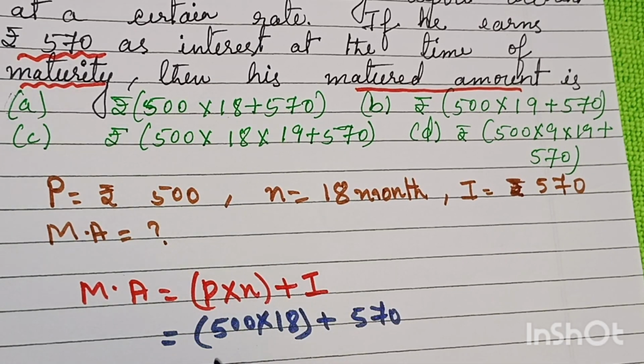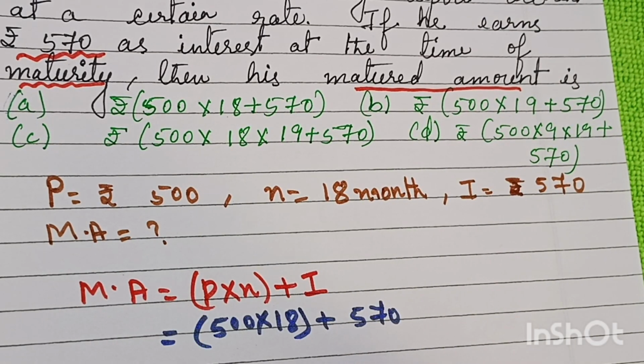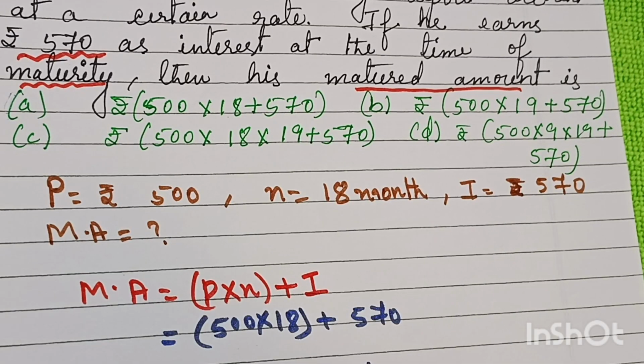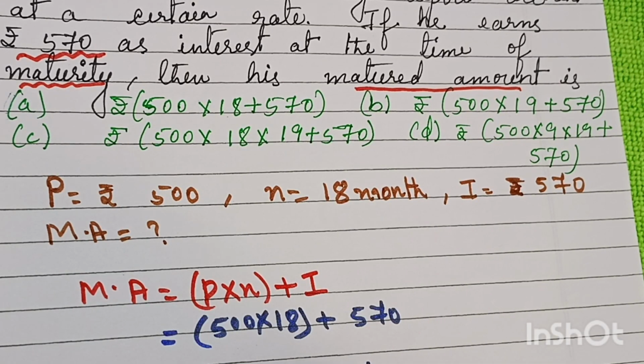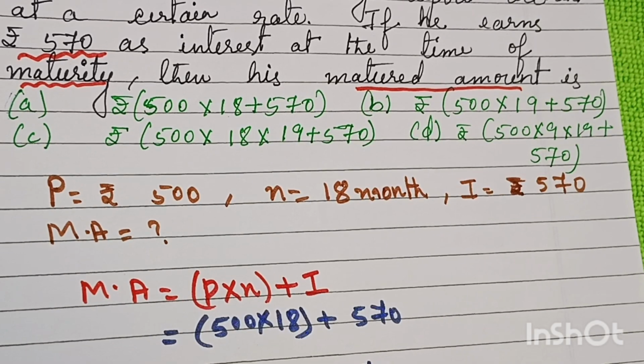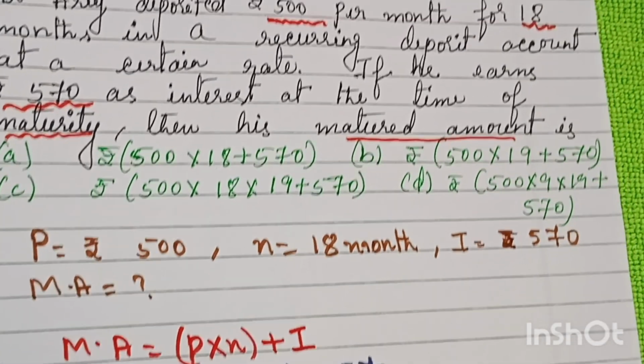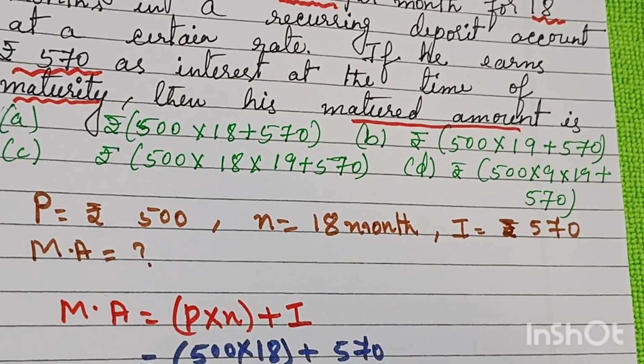500 into 18 is 9,000, plus 570. 9,000 plus 570 is 9,570 rupees. From the options, which is the correct one? 500 into 18 plus 570.